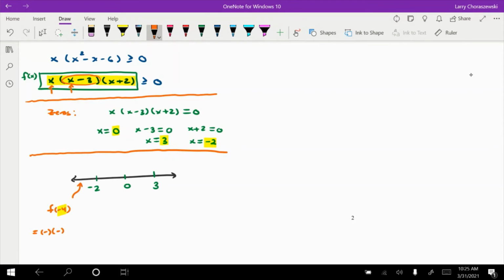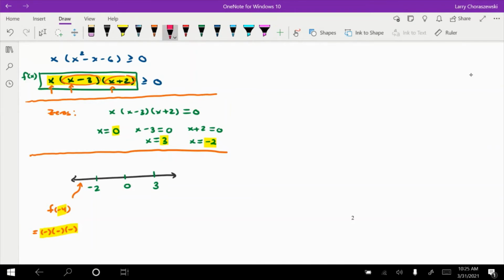And what kind of number would we get if we plugged -4 into our third factor? Negative. So you'll see that I'm not writing out the actual numbers we get when we plug -4 into the factors. Rather, I'm just keeping track of their signs.